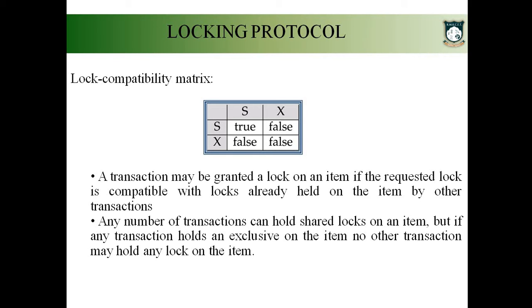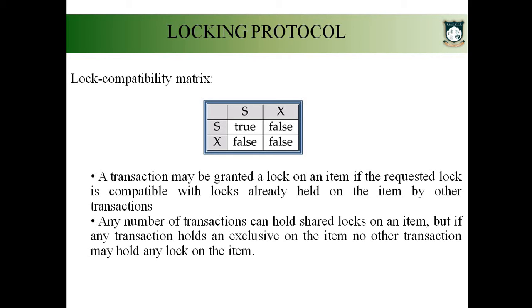Whenever two modes are compatible, the lock request can be granted. The point I am trying to convey is, if a data item has already been locked by some transaction, and now another transaction is requesting a lock for the same data item, then if the requested mode and the already locked mode are compatible with each other, the request will be granted.